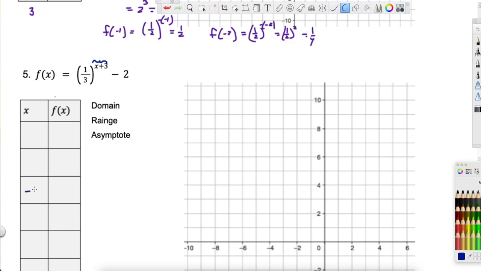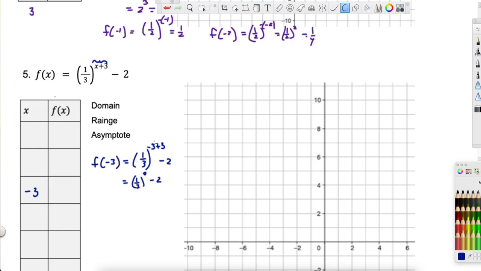So I'm gonna put negative 3 here for my x, and I'm going to get f of negative 3 equals 1/3 to the negative 3 plus 3, and then I have minus 2 out here. So 1/3 to the 0 right here.